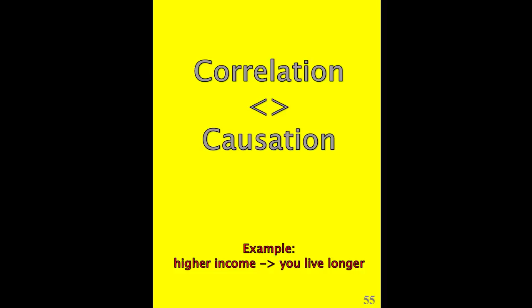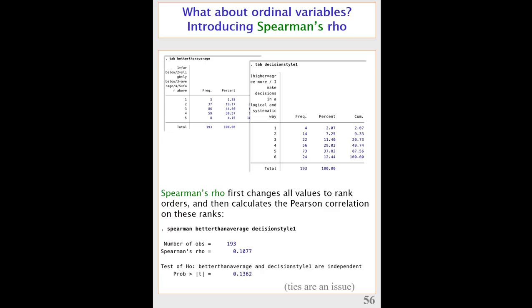Okay, then a couple of variables that we've disregarded for a while, and those are the variables that have order in them, but are not interval. So all kinds of questions where you have answers like this. Let's see, for the better than average variable, the answer options are far below, slightly below average, average, slightly above average, or way above average.